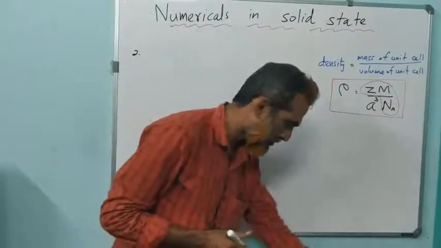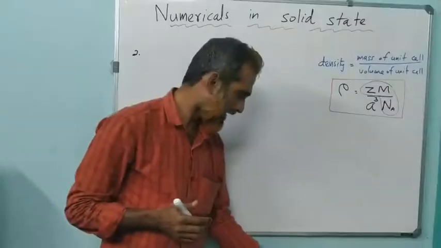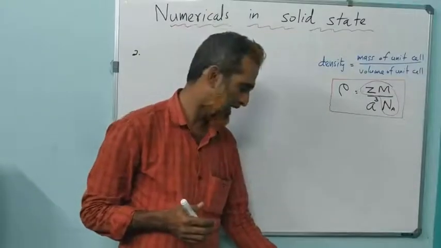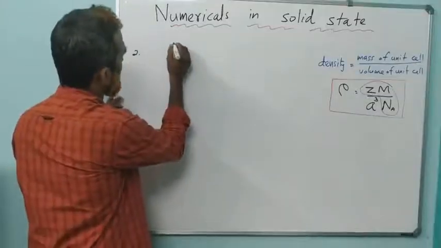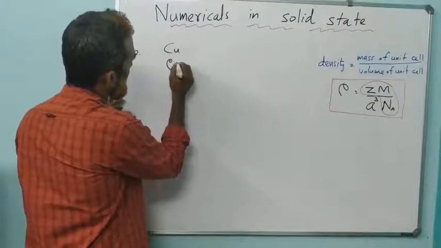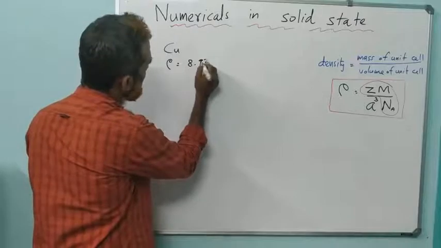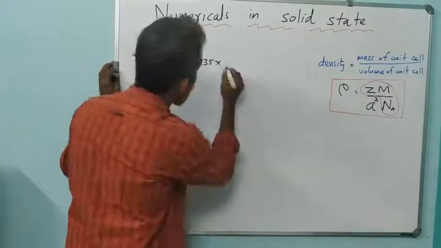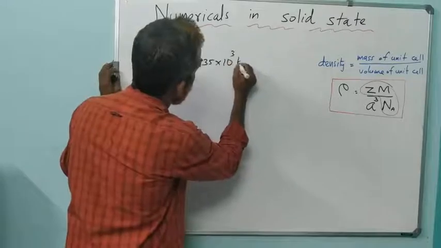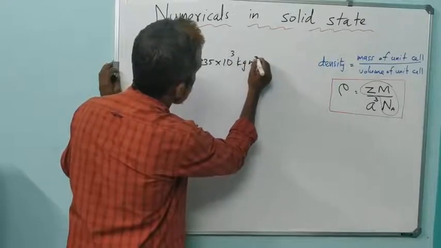Write the next question. Density of copper crystal is 8.935 into 10 raised to 3 kilogram per meter cube.